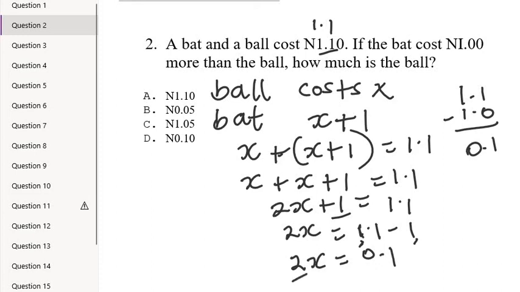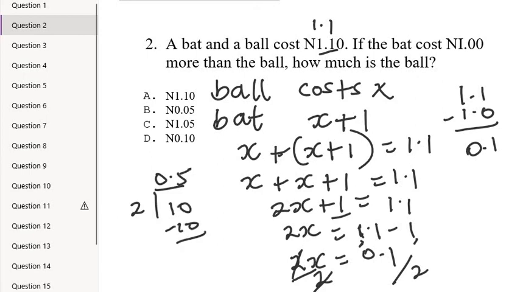To get x, which represents the ball, we divide both sides by 2. 2 cancels 2. So we have 0.1 divided by 2. Ignore the decimal for now. 1 divided by 2 can't go. Put 0 point, put 0 here. 10 divided by 2, 5. 2 times 5, 10. This will give me 0.